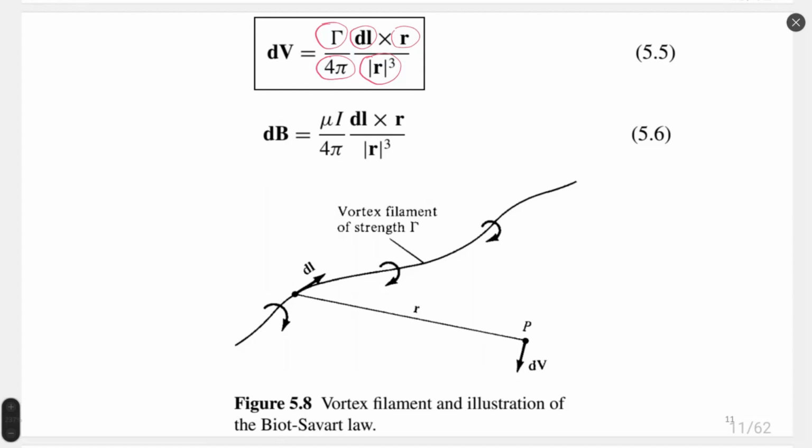This Biot-Savart law is very similar to electromagnetic theory, where we see a relation between the magnetic field and the electrical properties of a wire. I think it's a current, I, right? Very similar. This Biot-Savart law has no direct relation to a physical process; it is not obtained from integration or transformation of the flow equations, according to Anderson.